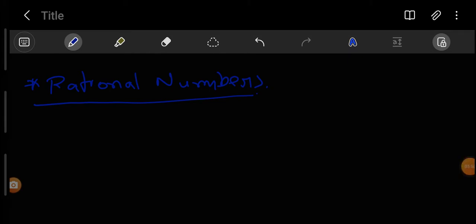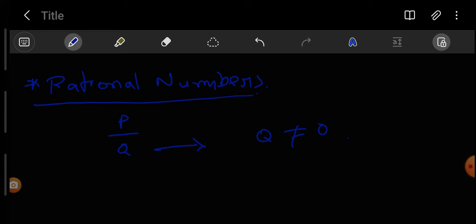If we write anything in the form of p by q, that will be a rational number as long as q is not equal to 0. That means if q equals 0, that number won't be a rational number. But if q is not equal to 0, and it's expressed in p by q form, then we can say that it's a rational number.